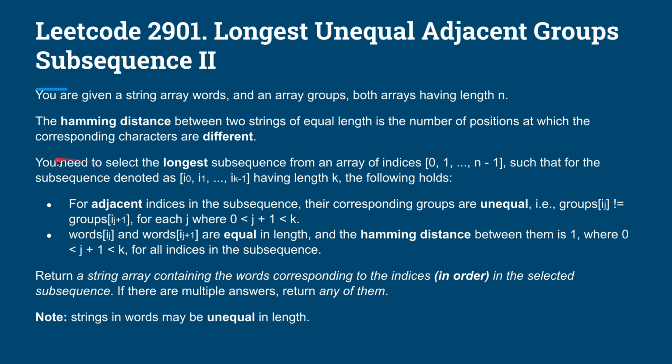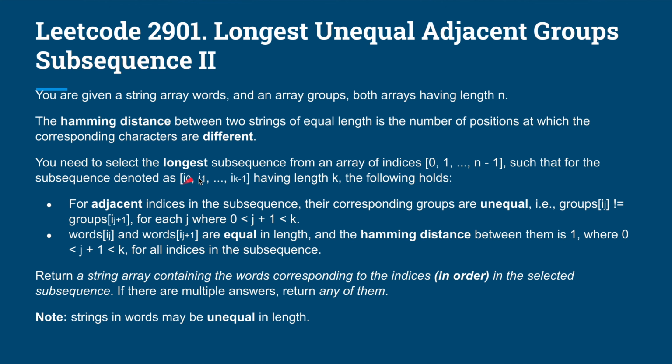So you need to select the longest subsequence from the array of indices you have been given, such that for the subsequence denoted as i at 0, i at 1, up to i at k minus 1, where the length is k.